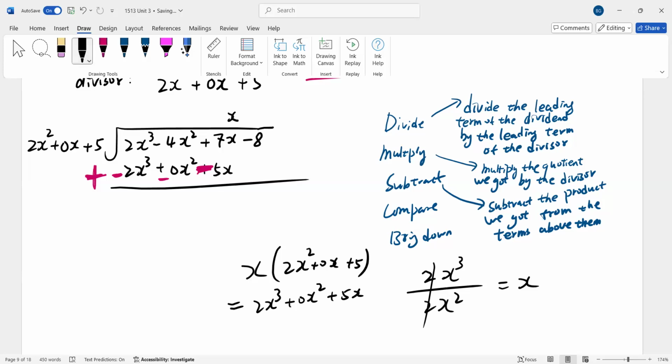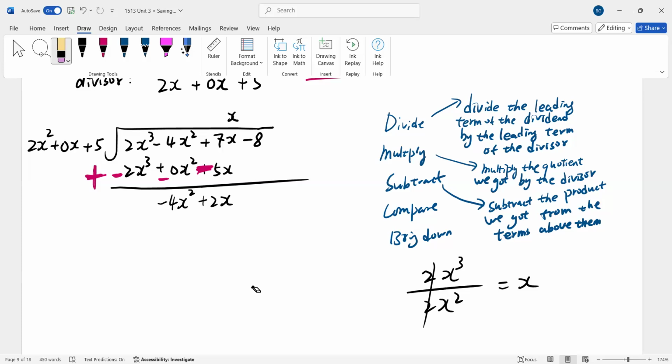So we have 2x cubed plus -2x cubed, they cancel, right? So we do not have x cubed anymore. And -4x squared minus 0x squared, we get -4x squared. Positive 7x minus 5x, so that's 2x, right? So that's one round, almost one round.